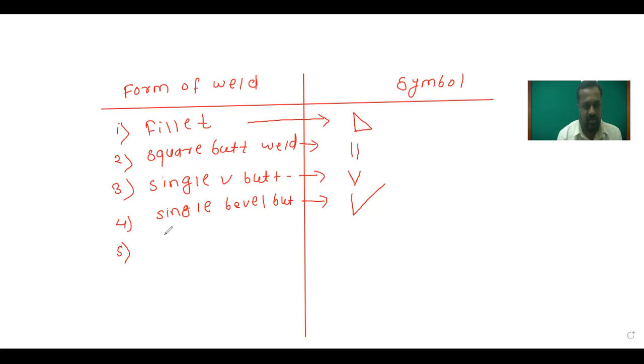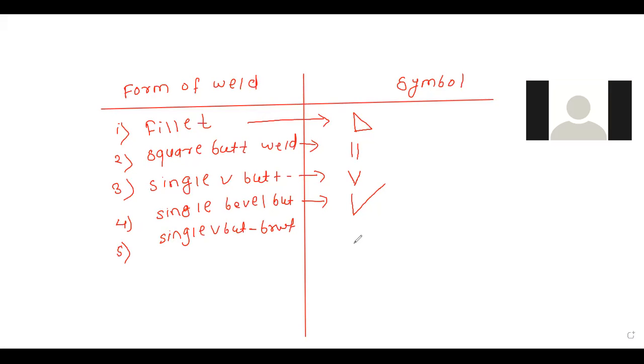Then single V butt joint with broad root face. Tell me. V and straight line. Single V and straight, like this, right? Yes, it is correct.